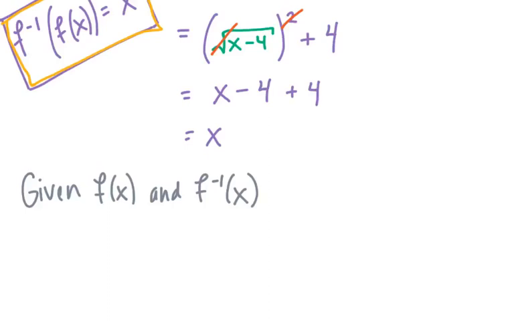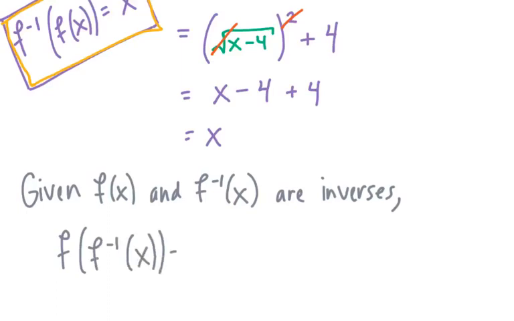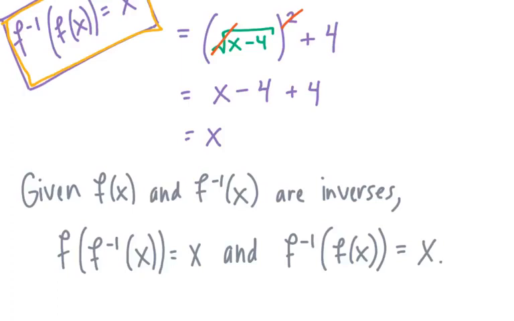Notationally, we understand f inverse means the inverse function. So given that these two are inverses, it is always going to be true that f of f inverse of x is equal to x, and f inverse of f of x will also always equal x. So that is a true statement of fact for two inverse functions.